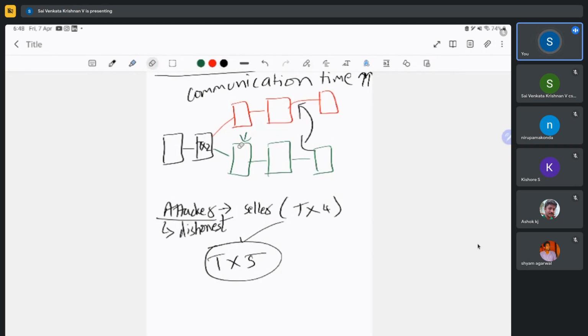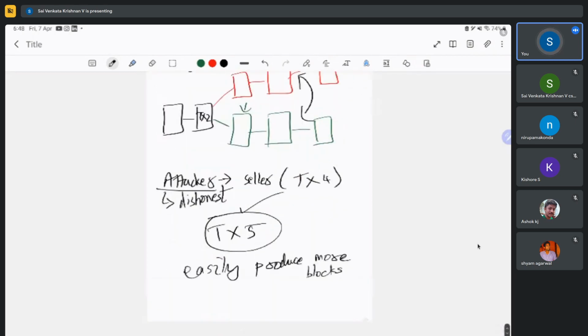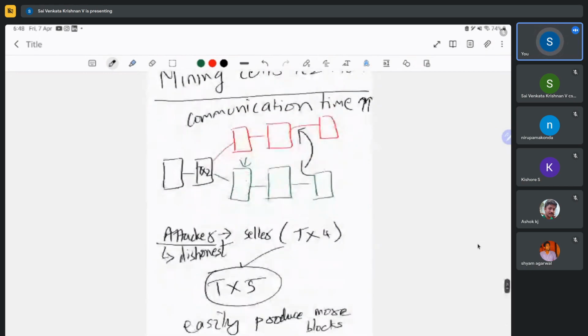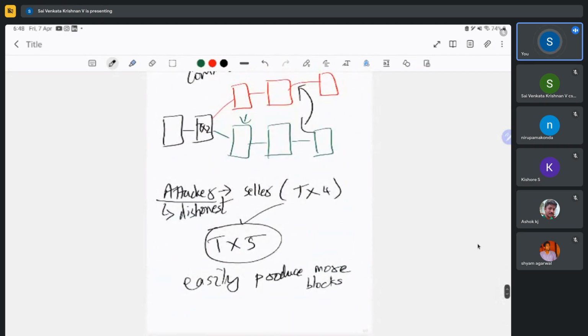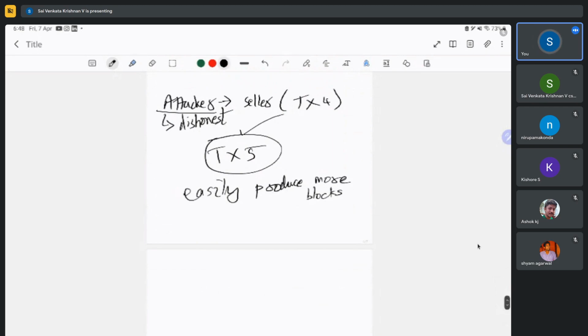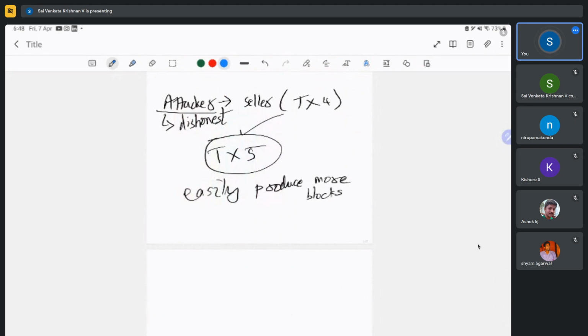Now, since my difficulty level is reduced, the attacker can easily produce more blocks, right? And when this competition is going on between the nodes on whether the red chain or the green chain is the longest chain, the attacker will not communicate with other nodes.